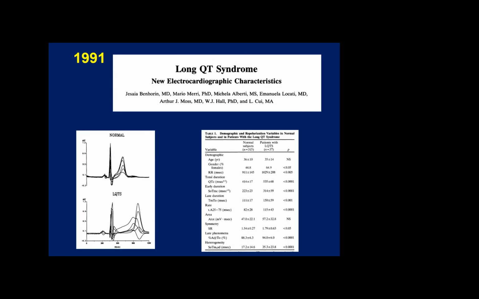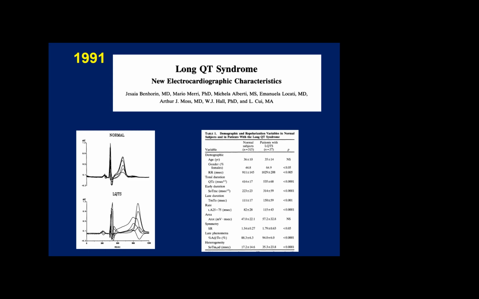At the same time, the same year, there was a very good team looking at some ECG characteristics of long QT syndrome patients. Even if you may not know much about ECG, look at the figure on the left.